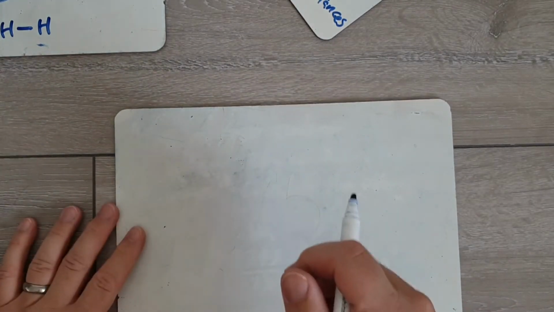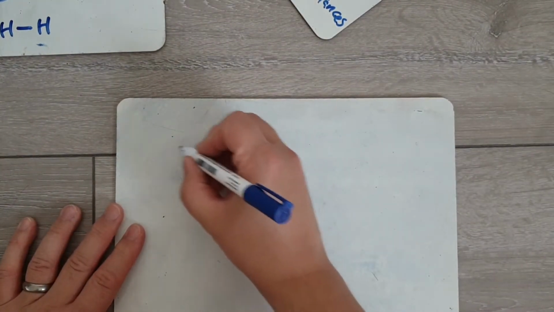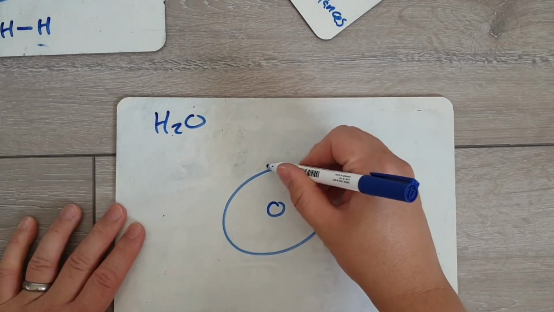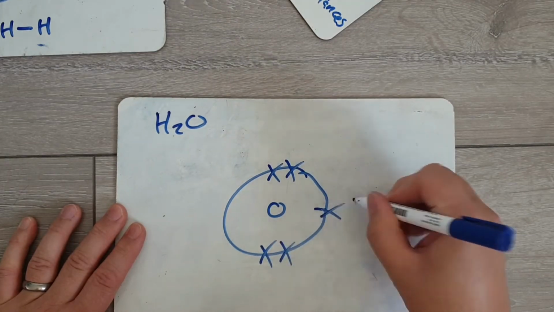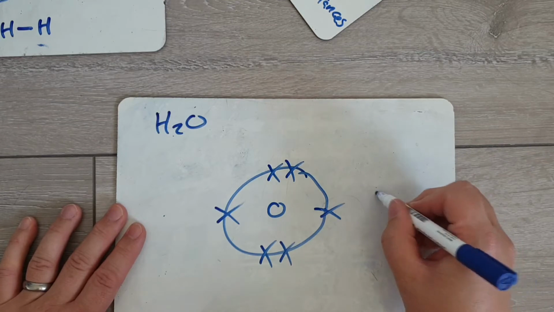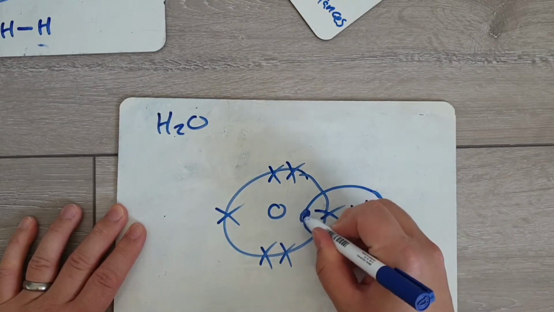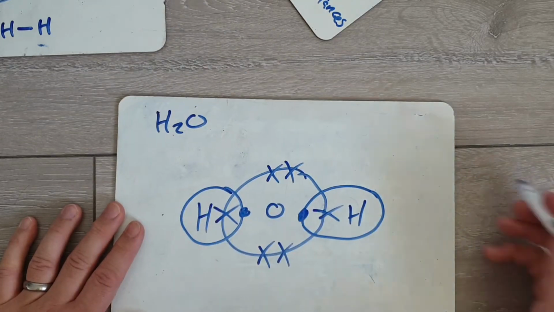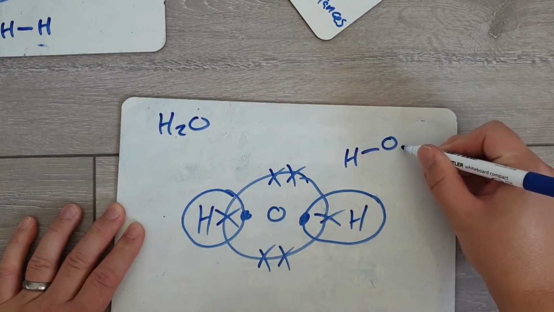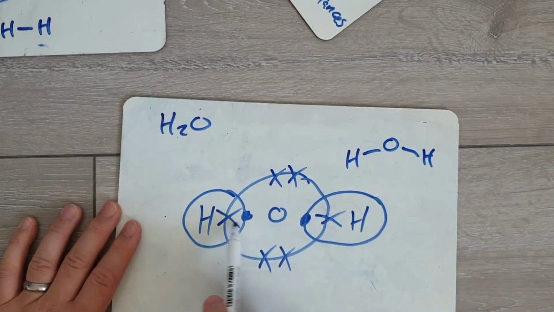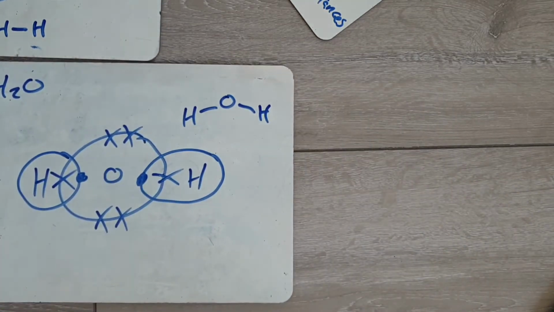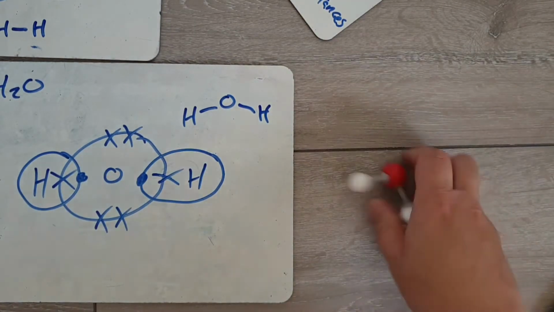Let's go through just a few other examples. So if we were looking at water, water is H2O. If I had my oxygen, it's got 1, 2, 3, 4, 5, 6 of its own electrons on the outer shell, and it buddies up with a hydrogen there and a hydrogen there, and so you could draw that as H stuck to O stuck to H. So those two electrons are that stick, and you can represent that like this.